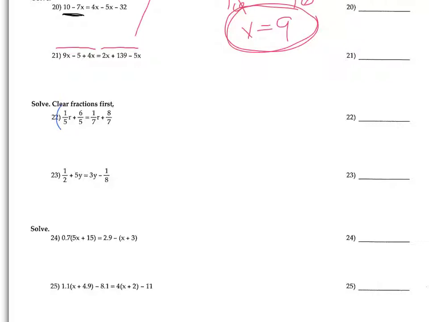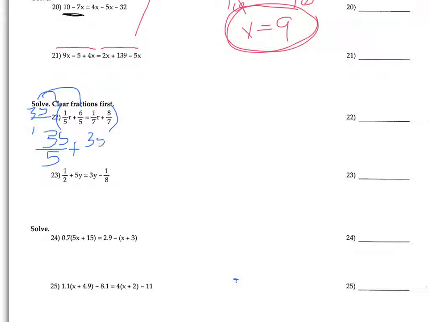So when I do this, the lowest common denominator between 5 and 7 is 35. So I multiply everything by 35, which is 35 over 1. So notice, when it comes in here, we get 35r over 5 plus, when it distributes here, I'm not going to multiply the 35 times the 6.